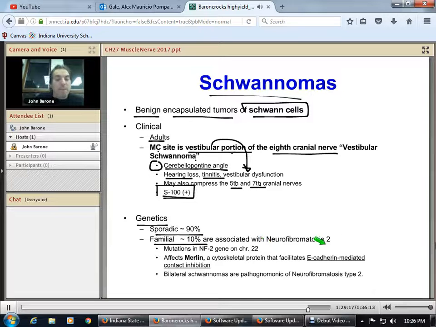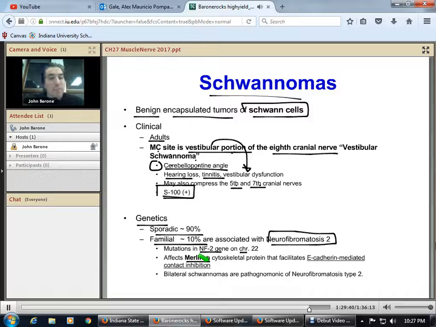Now, most cases are sporadic, just bad luck. But about 10% are familial, and they're associated with neurofibromatosis type 2. Remember NF2, chromosome 22, 2 tumors in the brain: bilateral schwannomas and meningiomas. The NF2 gene is on 22. It makes a mysterious protein called Merlin.